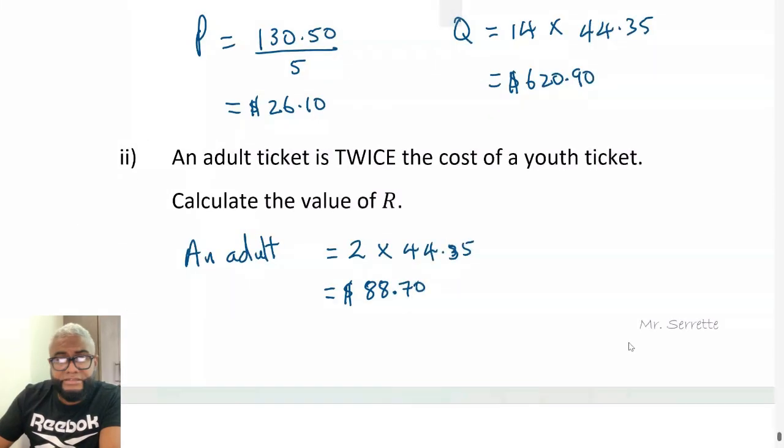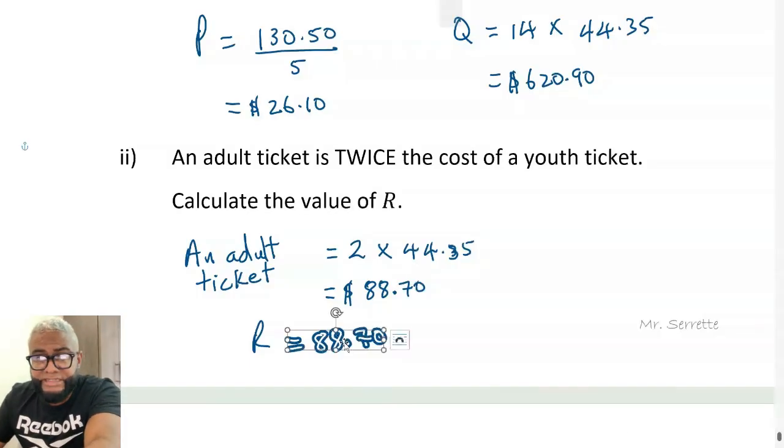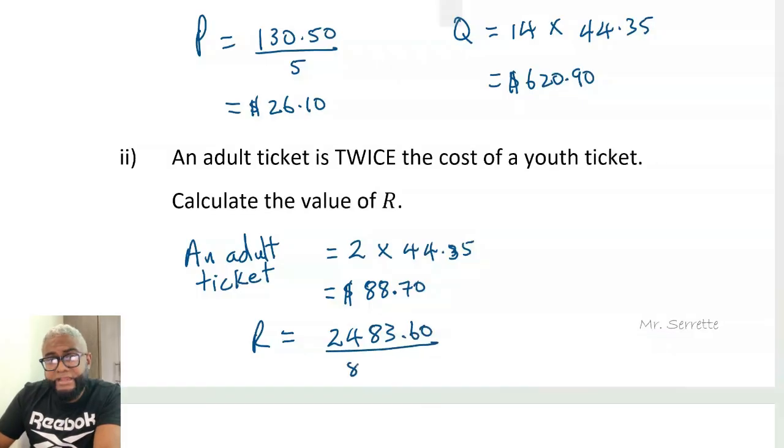So the cost of an adult ticket is this, and R would be the total amount, which was 24.8360, divided by the 88.70.